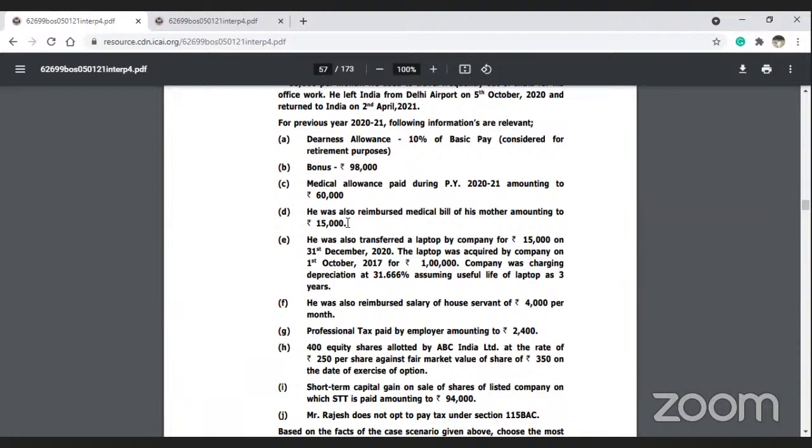Professional tax paid by employer amounting to 2,000, that is perquisite. Then he'll get equity shares, 400 equity shares. The difference will be 400 into 100, 40,000. So 48,000 plus 40,000 plus the earlier 15,000.